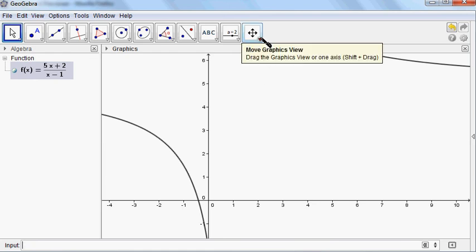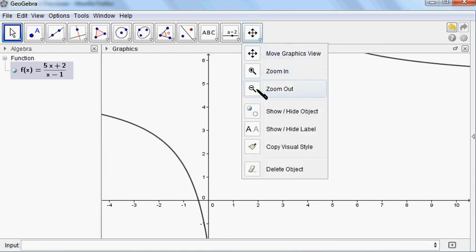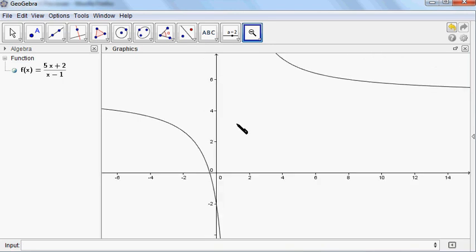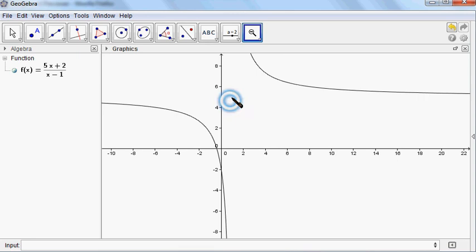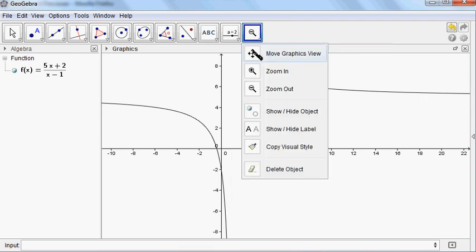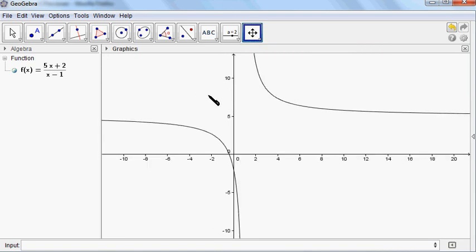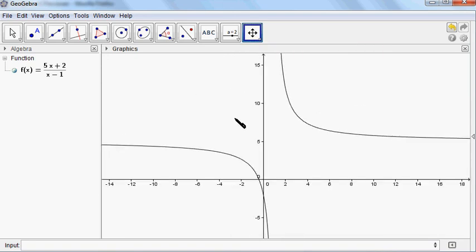I'm going to drag it so that we can see the picture a little bit better. So here's the picture.